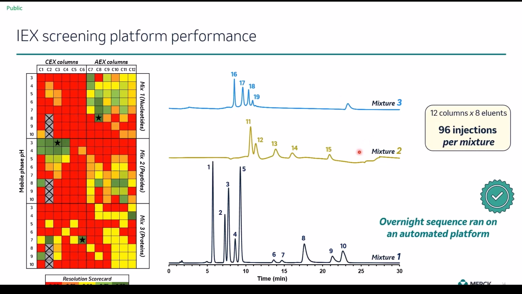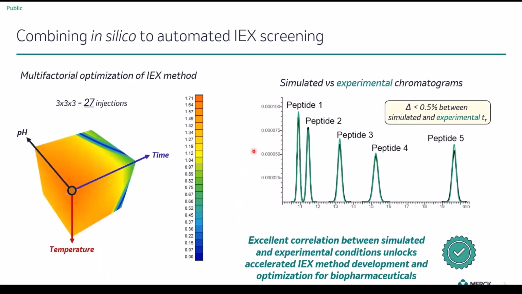For example, for the peptide mixtures, here we need to improve a little bit more the resolution between the first two eluting species. At this stage, we start to involve the use of LC simulator software in order to minimize the number of experiments and to analyze essentially the impact of multiple chromatographic parameters.